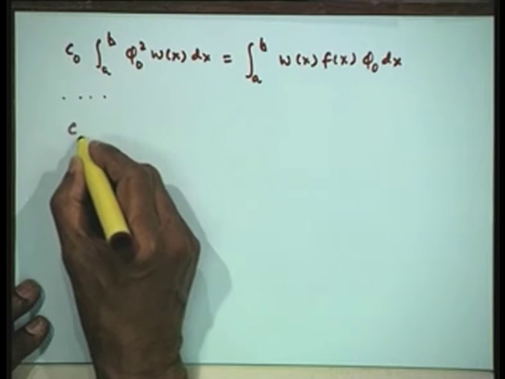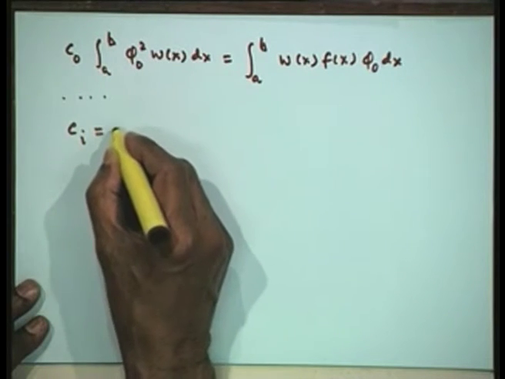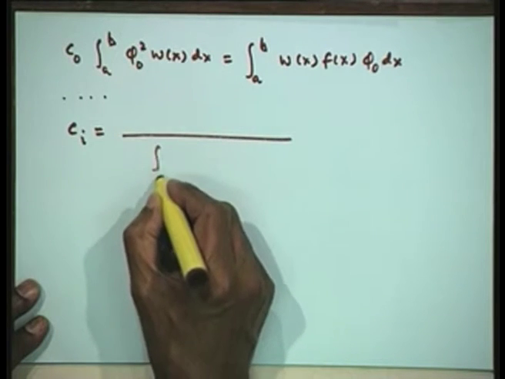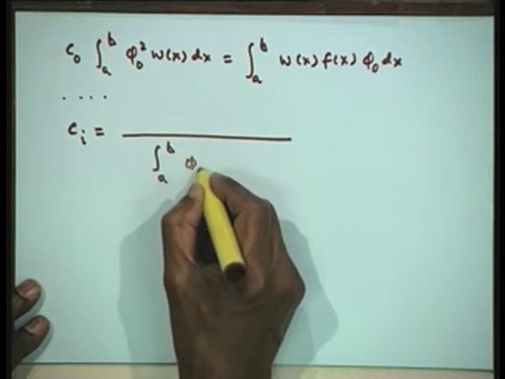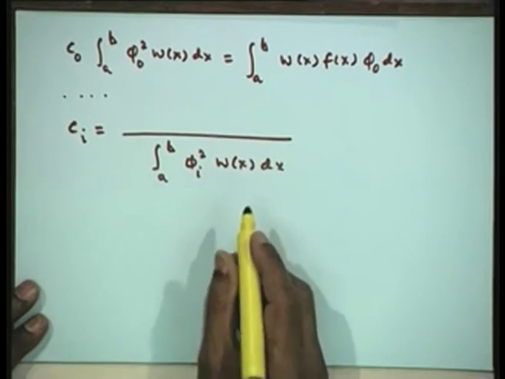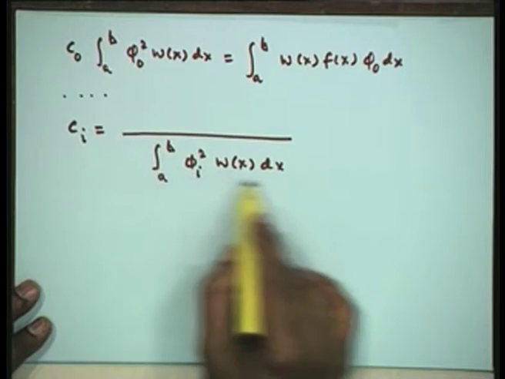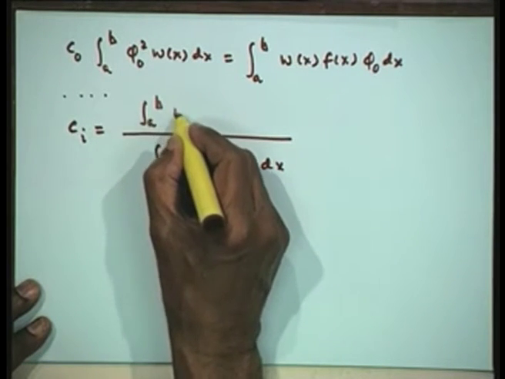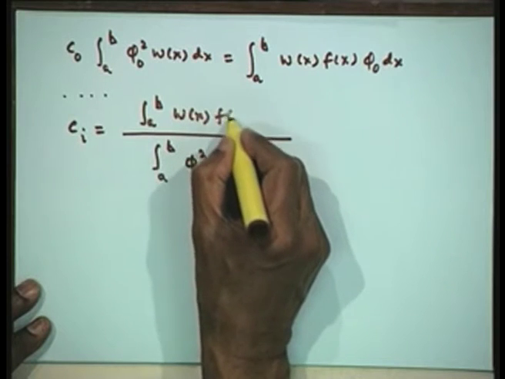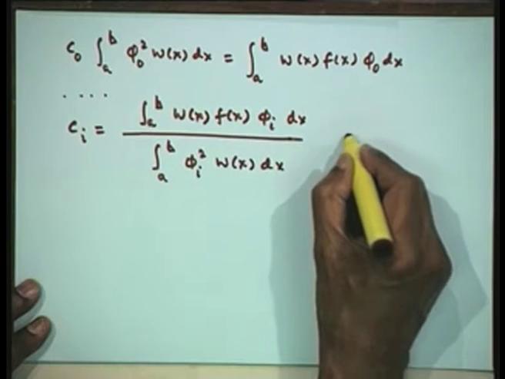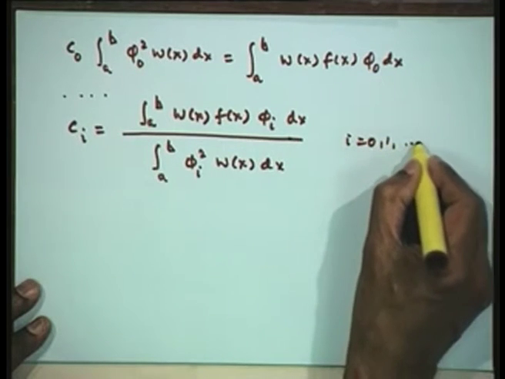I will therefore have C i equal to: the denominator is the integral from a to b of phi i square w x dx. I am taking this coefficient and putting it in the denominator, and in the numerator you have the integral from a to b of w x f x phi i dx, for i equal to 0, 1, and so on up to n.